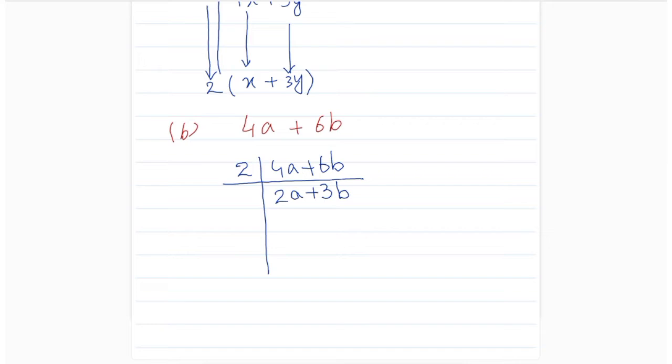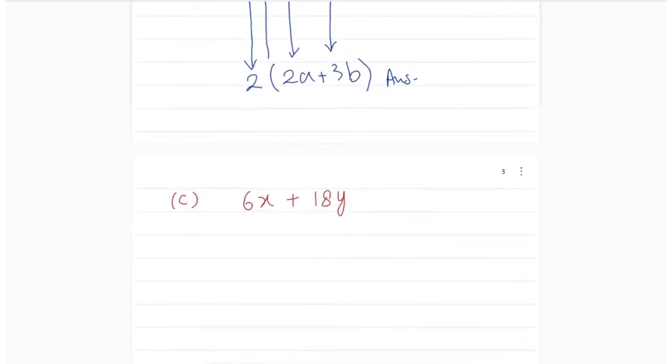No more further division is possible, no common divisor, so that's why 2 will be outside and then bracket, and the rest of the terms remain the same. So 2a plus 3b and bracket close. And this will be your answer of factorization.